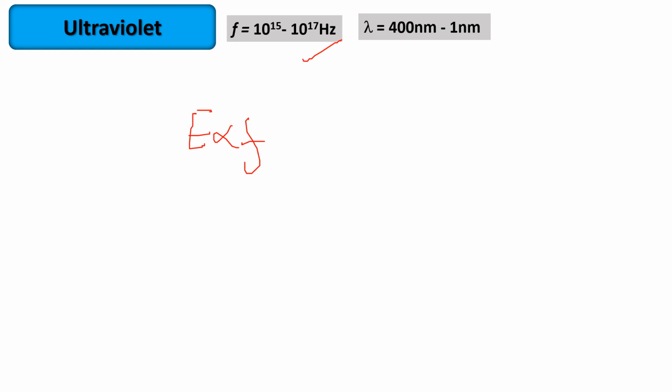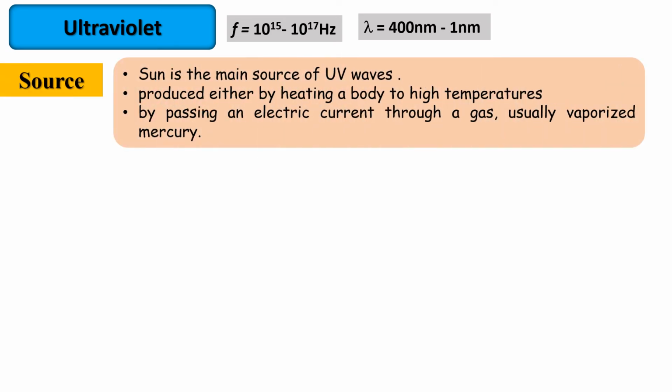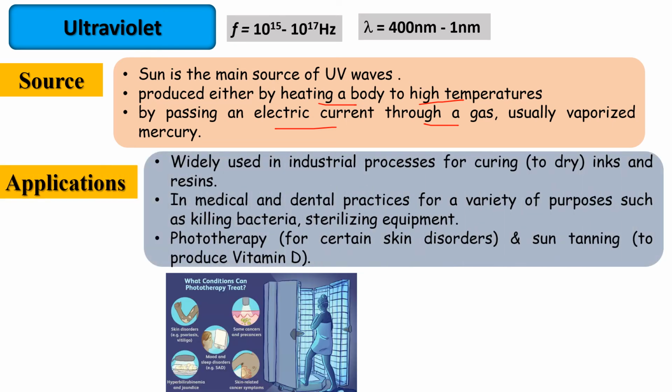Lambda is 400 nanometers to 1 nanometer. Lambda has decreased. Now the source is the sun, as we know, the main source of ultraviolet waves, produced either by heating a body to high temperature or by passing an electric current through a gas, usually vaporized mercury. So these are the sources of ultraviolet waves or radiations.